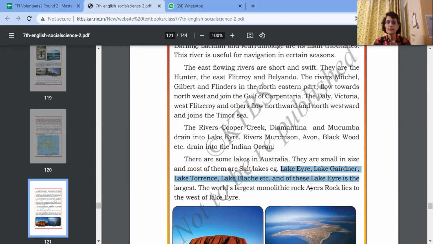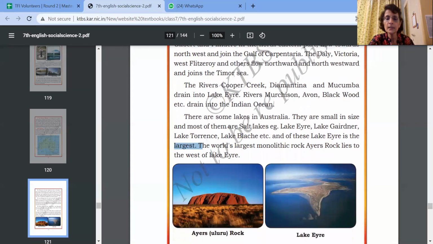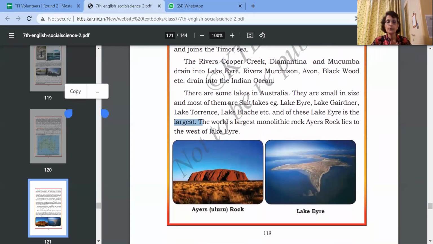And which is the largest lake? Lake Eyre is the largest lake, and the world's largest monolithic rock, Eyre's Rock, lies in the west of Lake Eyre. So if you see the photographs, this is Lake Eyre, which is the largest lake in Australia. Which is the largest lake?